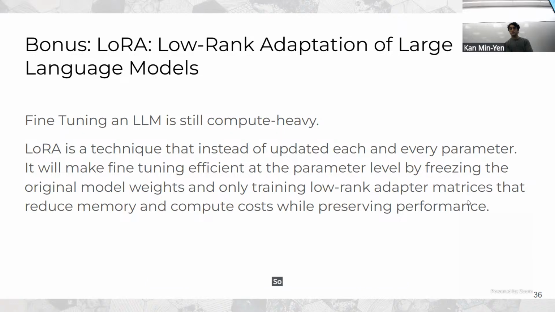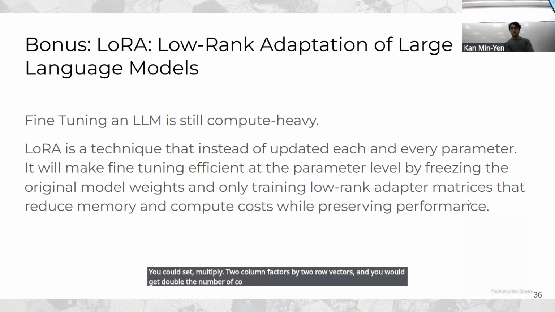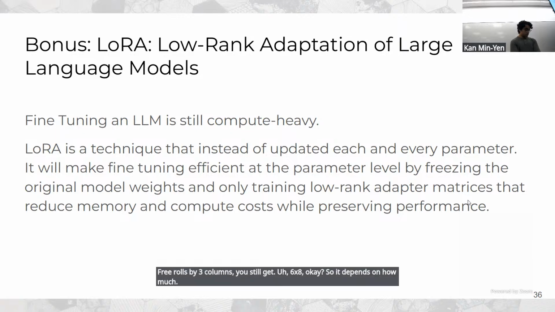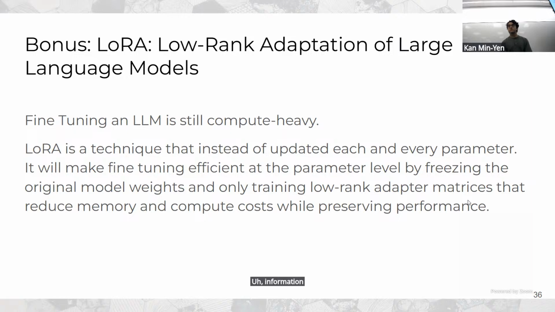So when Indra was talking about multiplying a column vector by a row vector, you could instead multiply two column vectors by two row vectors, and you would get double the number of coefficients, and you would still get the same output, meaning the same 6x8. Or you could multiply 3 rows by 3 columns and still get 6x8. So it depends on how much information you want to throw at the problem.